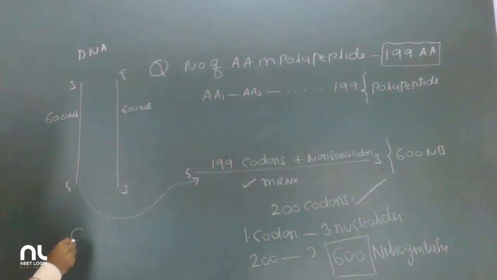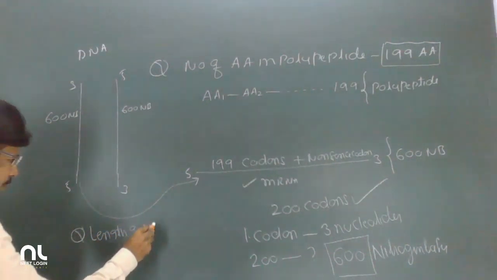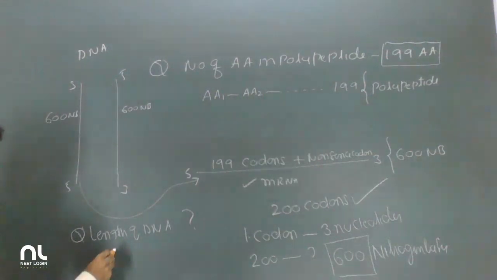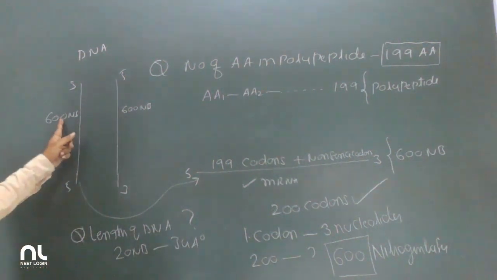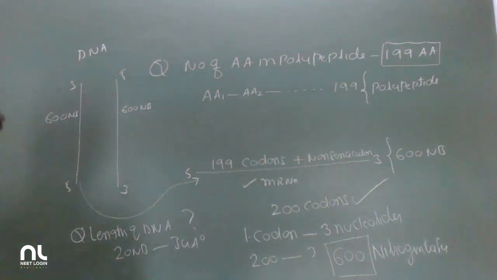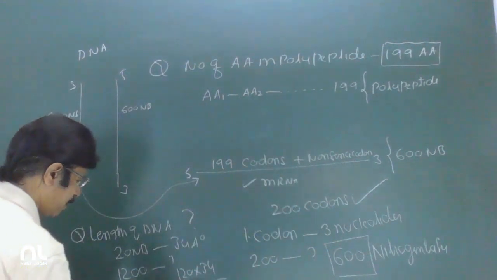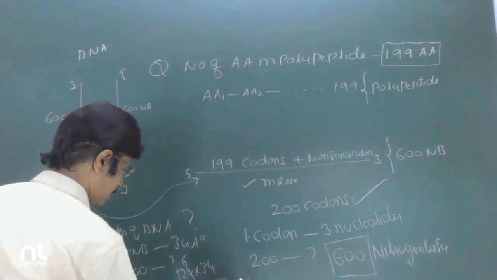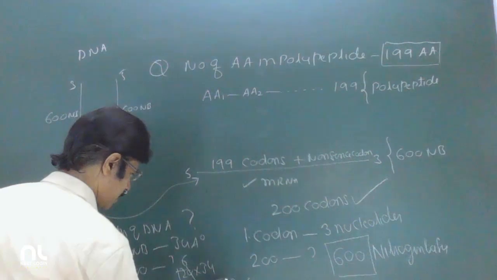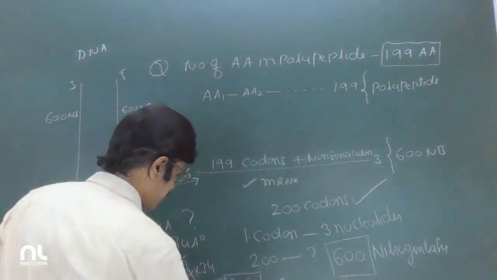Length of the DNA: for 20 nitrogen bases, 34 angstroms. 600 plus 600, 1200. 1200 into 34 by 20.